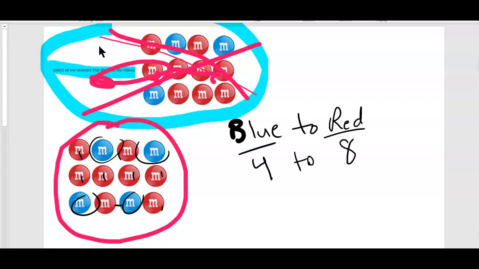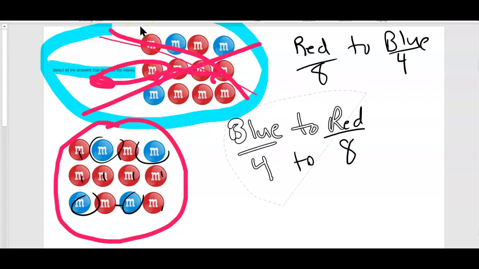Okay, but your answer choices might say red to blue, which would be 8 to 4. But of course they're in fraction form. So let's clean up this mess.